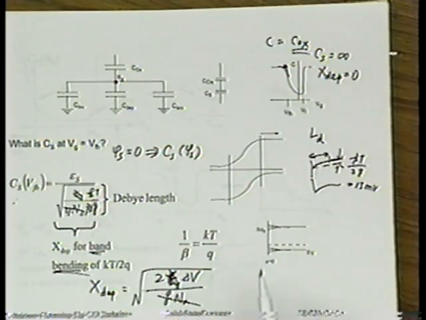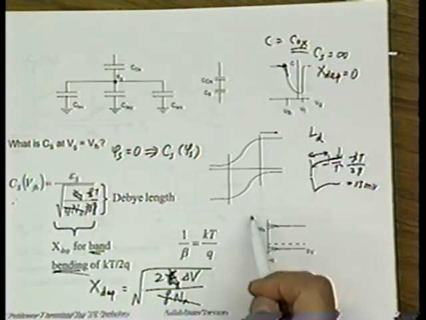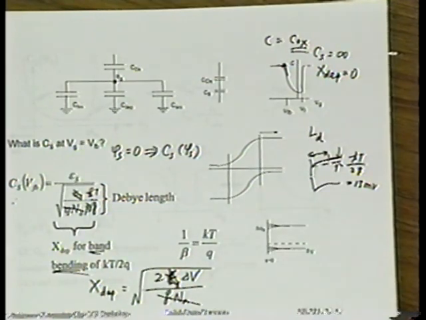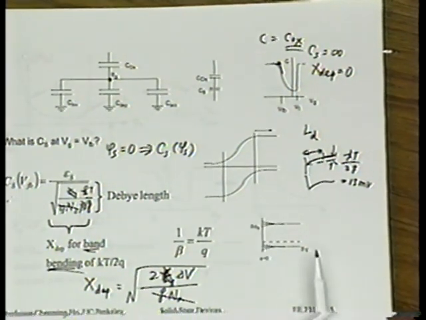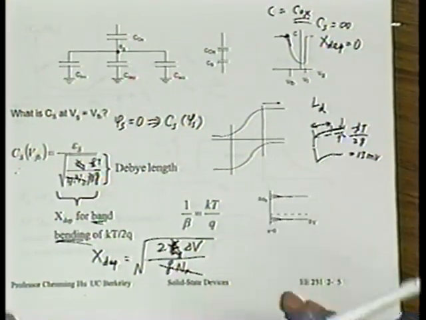What we're saying is that even if we have a flat band, if we now apply a small bias on the VG, a little delta VG, as a result we will be applying a small delta phi s at the surface. Phi s will move up and down a little bit. Under that condition, where do you think charge will be located? The way I drew this picture, we have a little bit of bending.